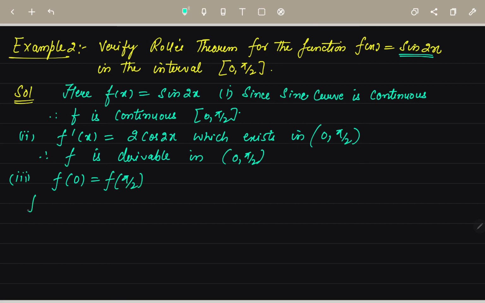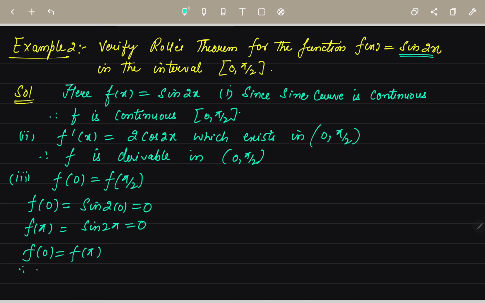So for this I will find the values. f(0) = sin(2·0), and this is basically 0, and f(π/2) = sin π, this is also equal to 0. So from here f(0) = f(π/2).